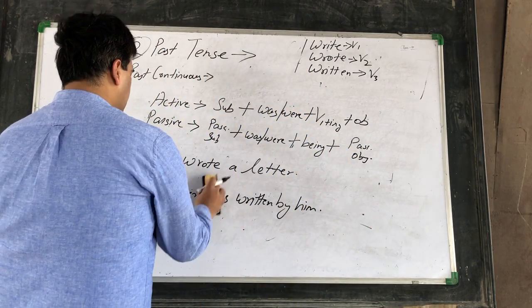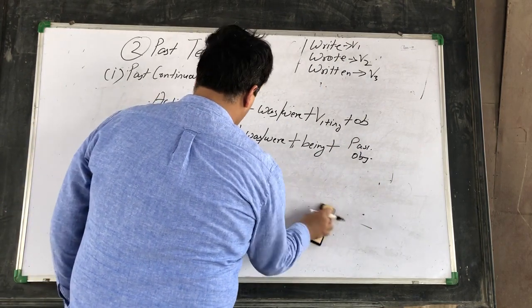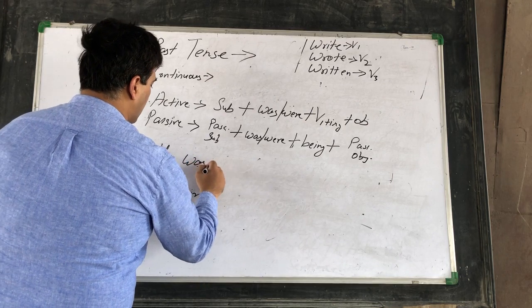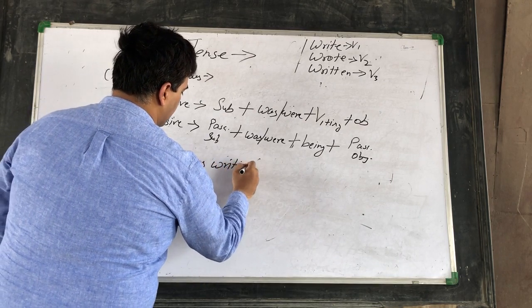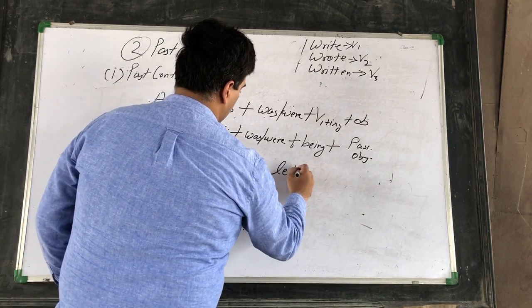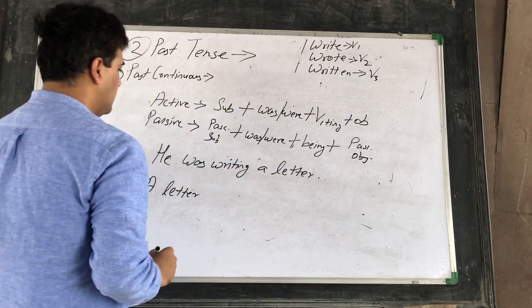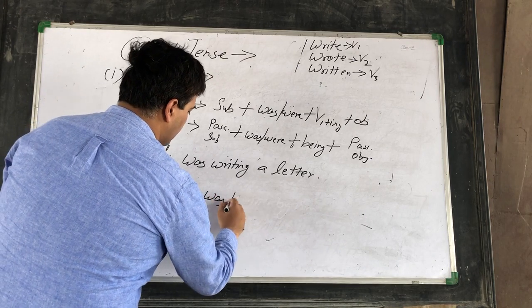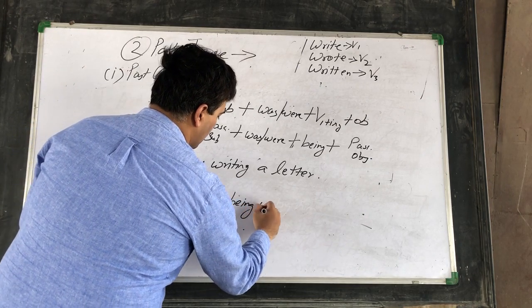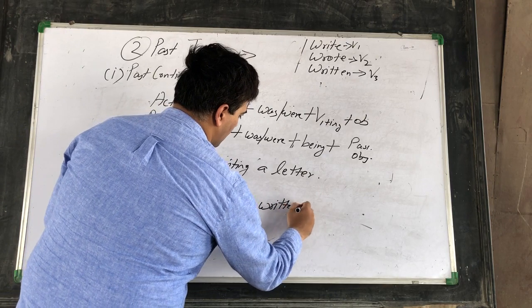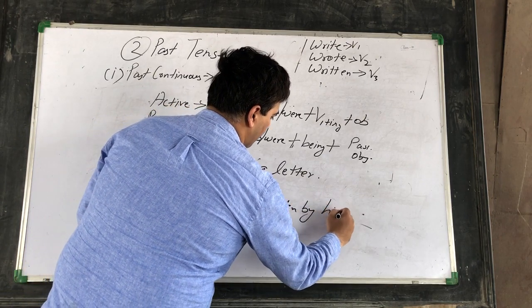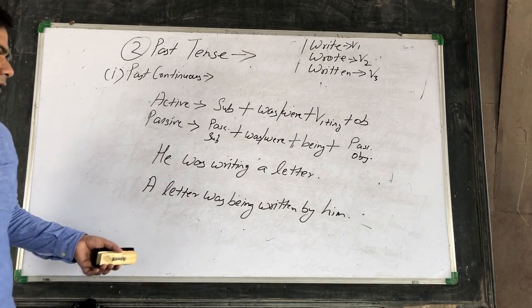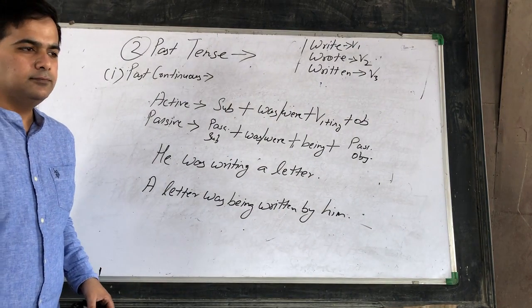Fine, let's see how. He was writing a letter. And it will come, a letter was being written by him. A letter was being written by him. Fine.